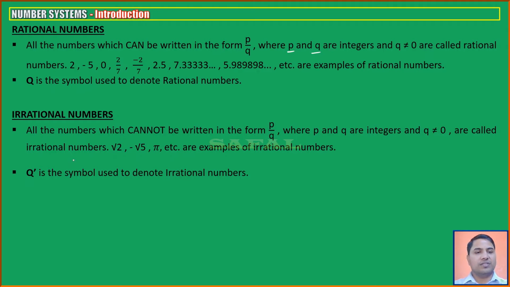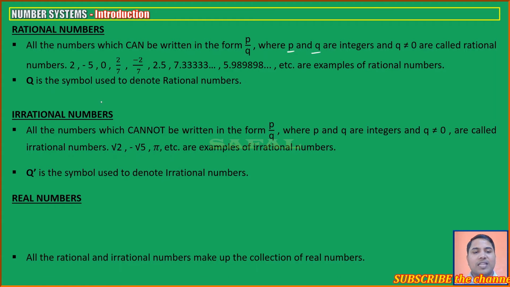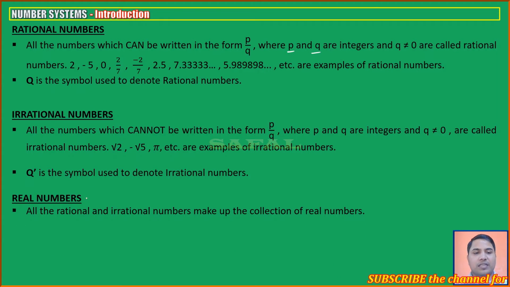So Q is for rational numbers and Q dash is for what? Irrational numbers. Now whatever numbers I have written above, rational numbers and irrational numbers, if I take both these collections together, the collection I will get is real numbers. So real numbers are basically the collection of rational numbers and irrational numbers.